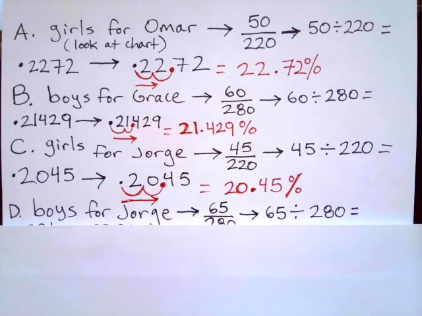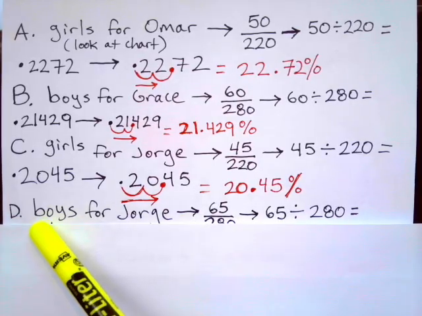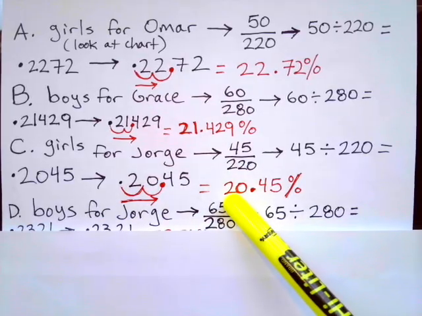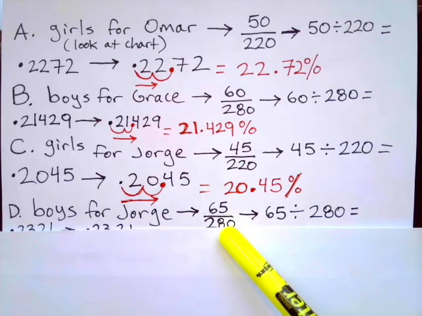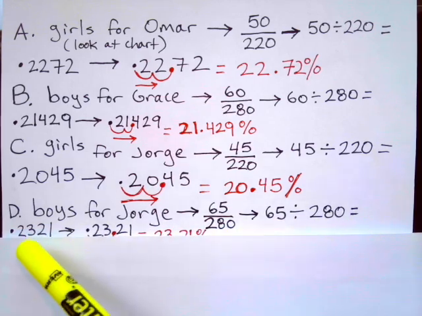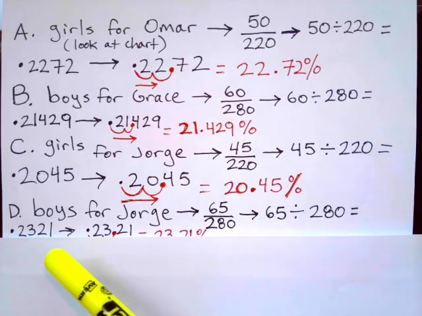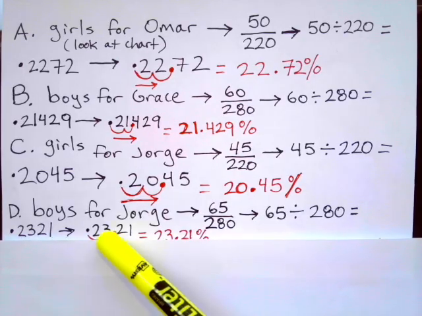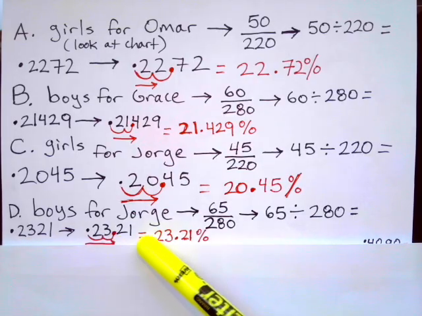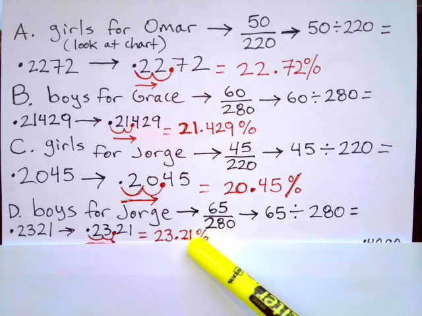D, boys for Jorge. How many boys voted for Jorge? Well, 65 boys out of 280 total votes. That's 65 divided by 280, which gets you 0.2321. Move that decimal 2 places to the right, and you end up with 23.21%.